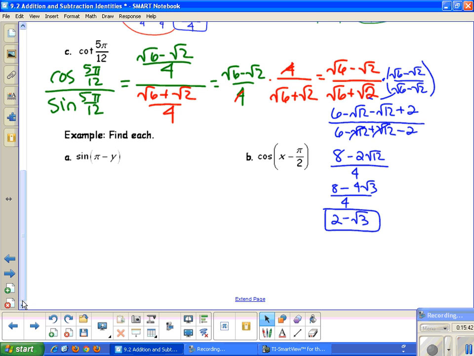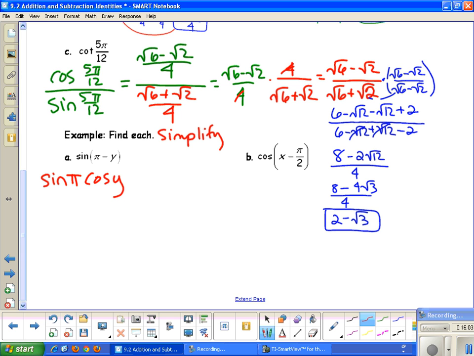So for the next one, it says we want to find each. Basically what it should say is simplify each of these. So if I want to simplify each of these, for the first one, we have the sine of pi minus y. So if I use my identity, remember that sine would be the sine of the first angle, so pi, and then the cosine of the second angle.